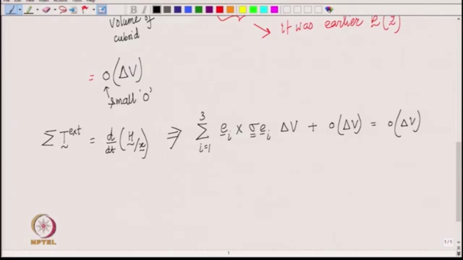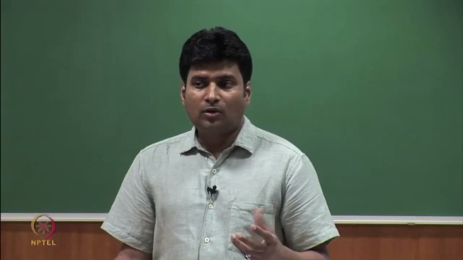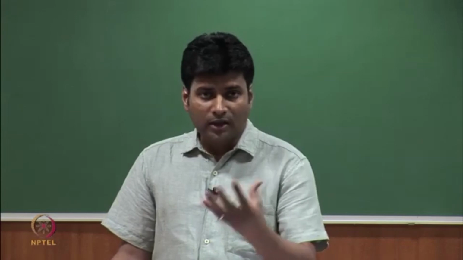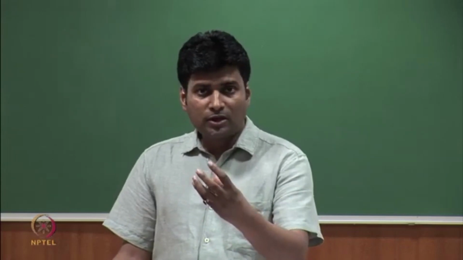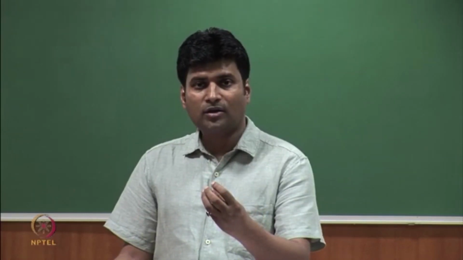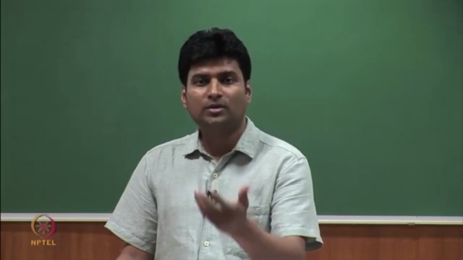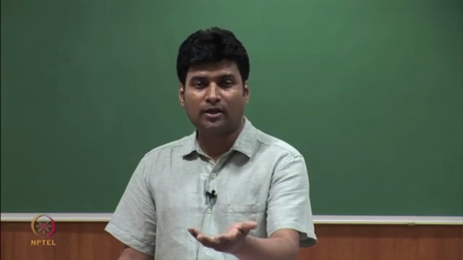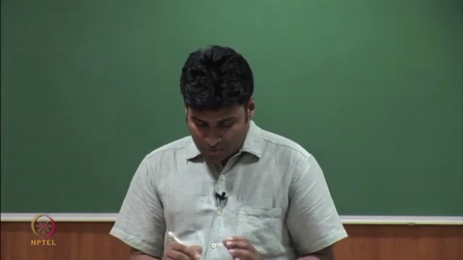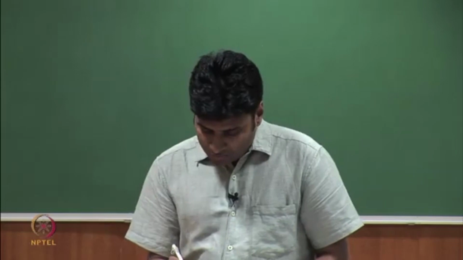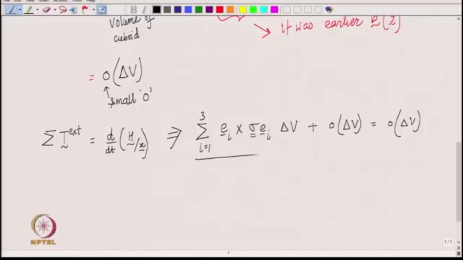Now, as this equation holds for any cuboid, why do not we again shrink the cuboid to its centroid? Okay. So, make the cuboid smaller and smaller and shrink it to its centroid or to its center x. So, when we do that, we can now divide this whole equation by delta V and take the limit delta V going to 0.